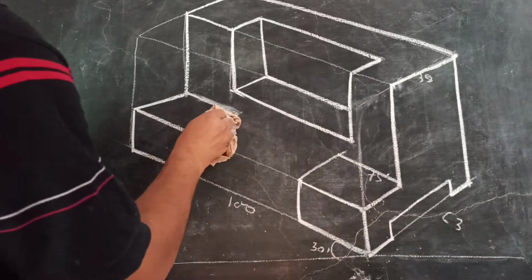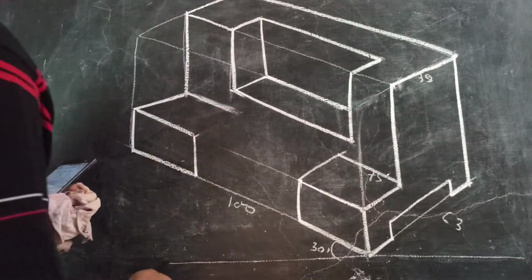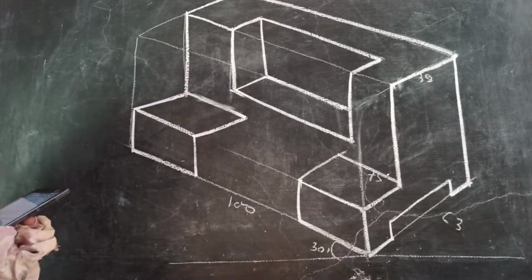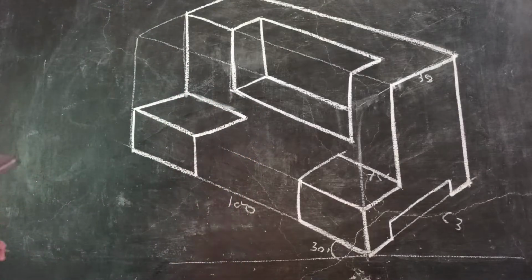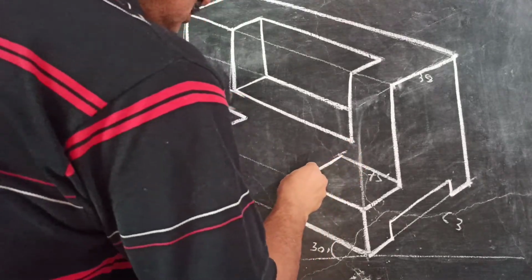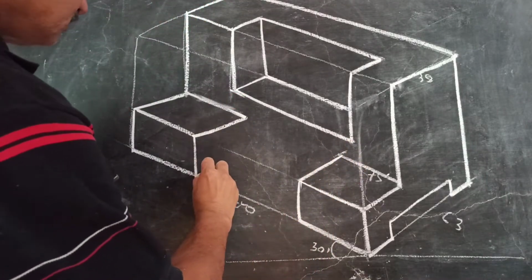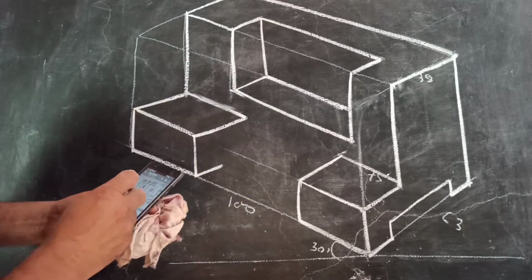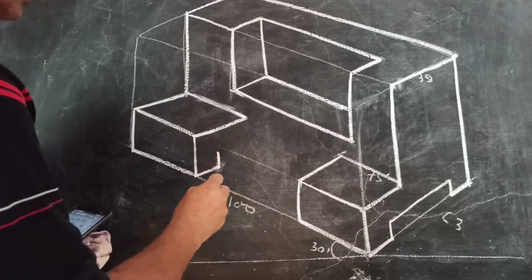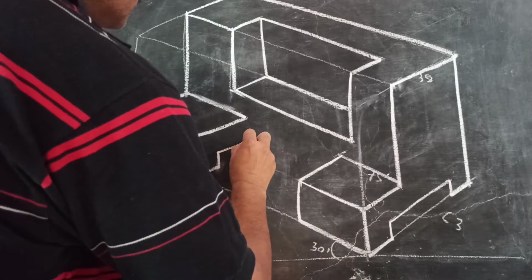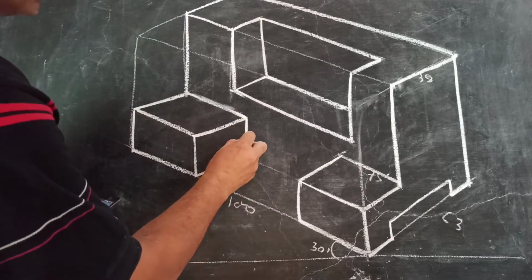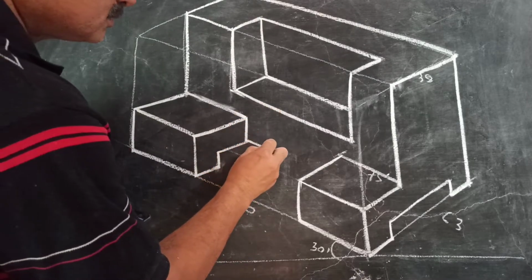Then you can find these two legs. This is 12 as shown here. Then this is 9, and then this is like this. This is parallel. Okay. And from here there is a line parallel to this.